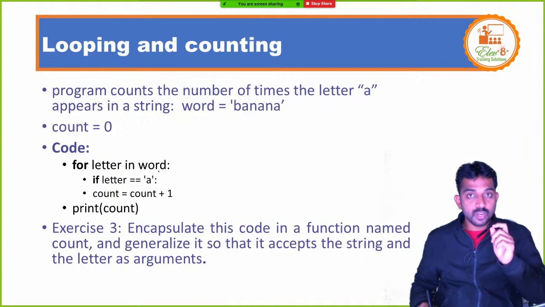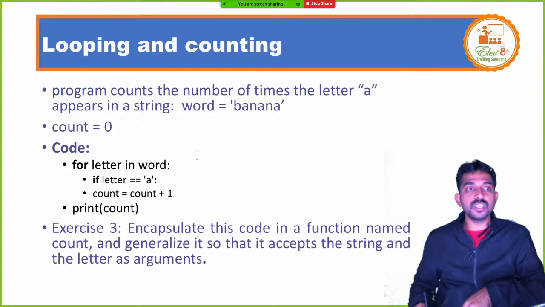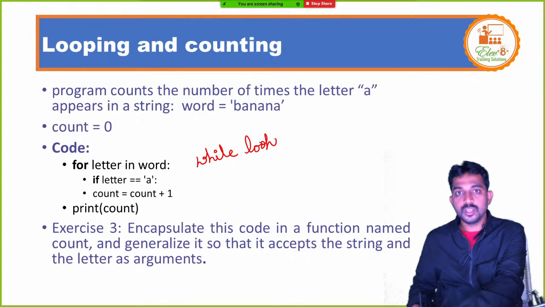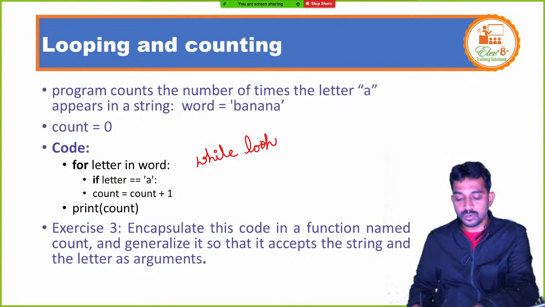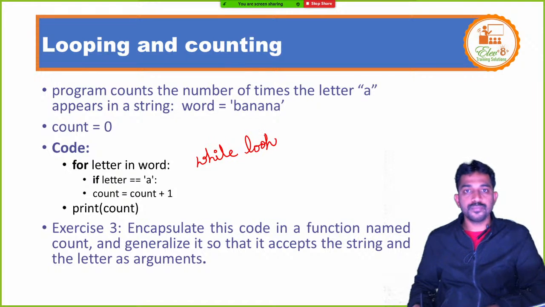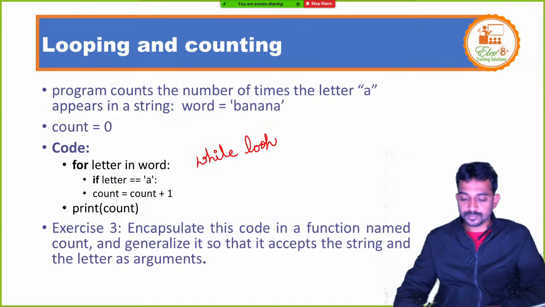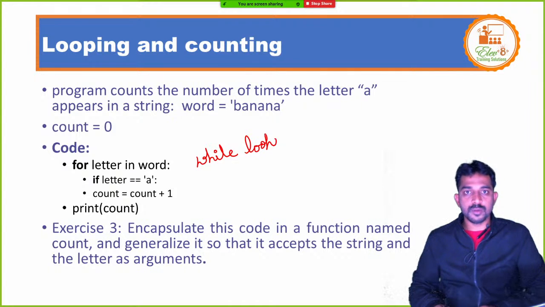Your task is the same thing using a while loop. I solved it using a for loop, right? You just do vice versa, using a while loop. Is this clear? This is your task now.